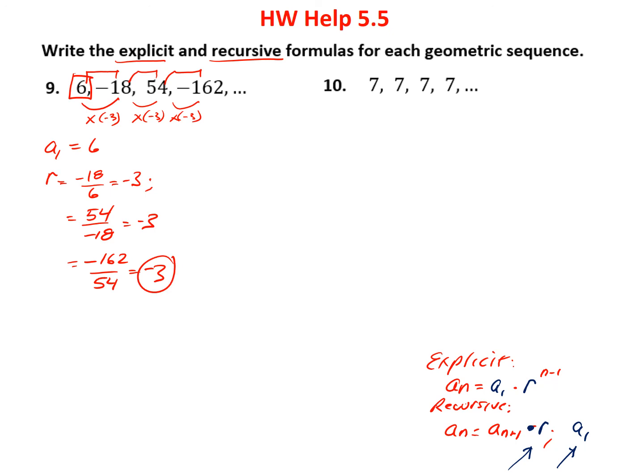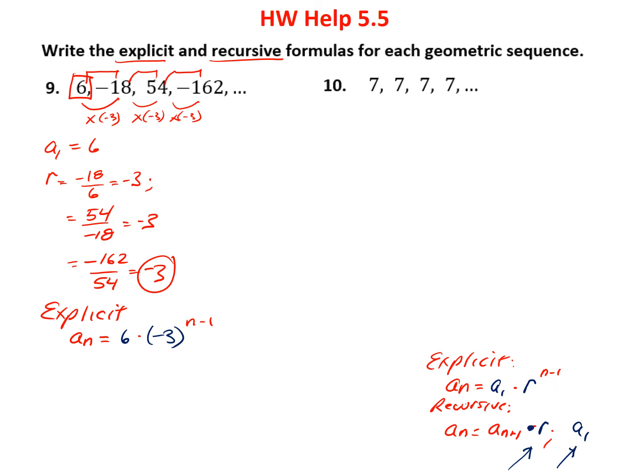So now we can write our two terms. Our explicit, we have a to the n equals the first term. Our first term is 6 times, we're multiplying this by minus 3, that's our common ratio, to the n minus 1. Again, I wrote it in different colors so you'd see that the blue is what we're substituting.